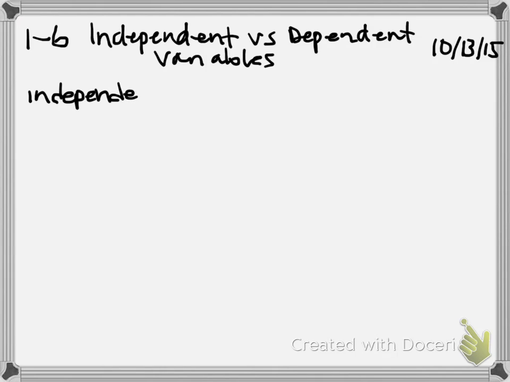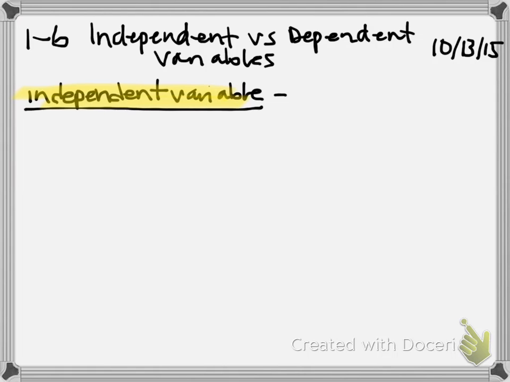Now I've got a half sheet. We'll have to see. It may take us more room. We'll just have to see how this works. So let's do an independent variable. And let's highlight that, just like your book does.